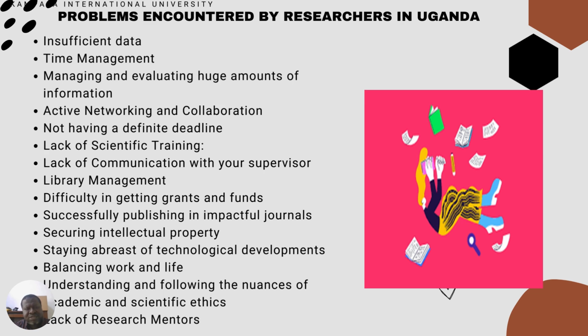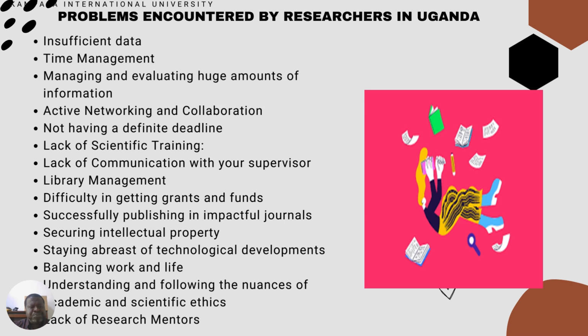Another problem is successful publishing in impactful journals. Even though you have quality research and you have results, if you don't have money to publish, it becomes a problem, because most of these journals charge 1,000, 1,500, $2,000 just for one publication. How can you pay such an amount of money, looking at the African developing countries we are coming from?